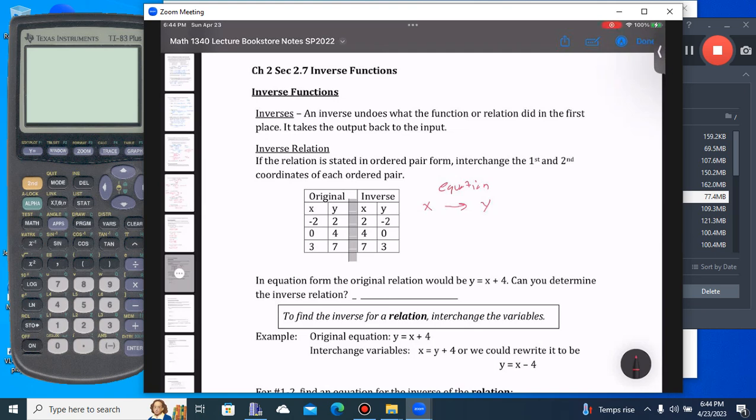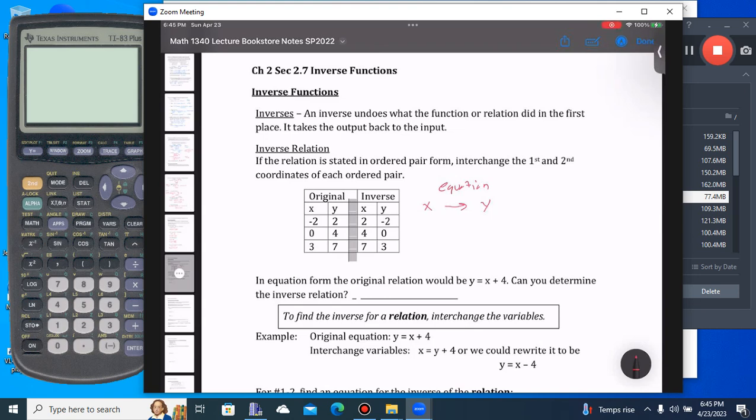Maybe different x values will go to the same y value, but all x values go to one y value, and that makes it a function. If that's not the case, if a single x value goes to multiple different y values, then you only have a relation.